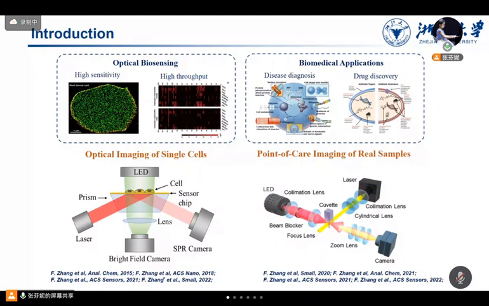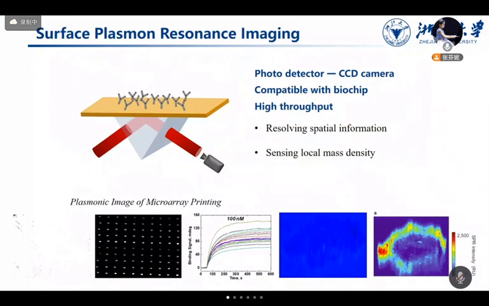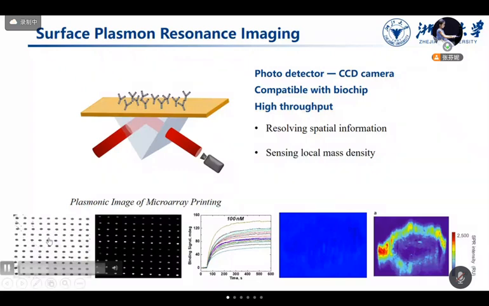Today I will first focus on the plasmonic imaging direction. You can see here what we do to improve this technology is we replace the photodetector with CCD cameras. When we change it to the camera, we can resolve the spatial information.